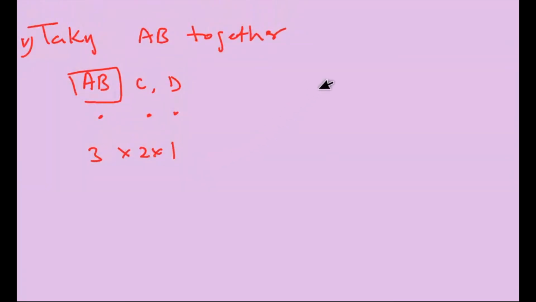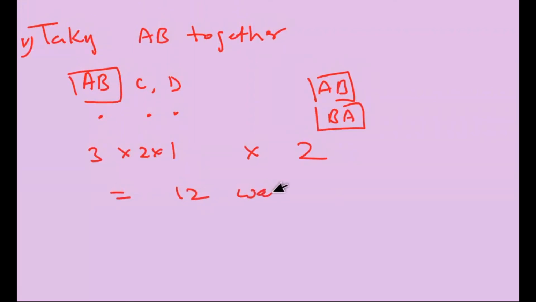But AB can change in the box in 2 ways, AB and BA, so we multiply by this. So total ways are 12 ways. AB in a box cannot be separated, but we can write AB or BA in 2 ways. So by the multiplication theorem, the total ways are 12.